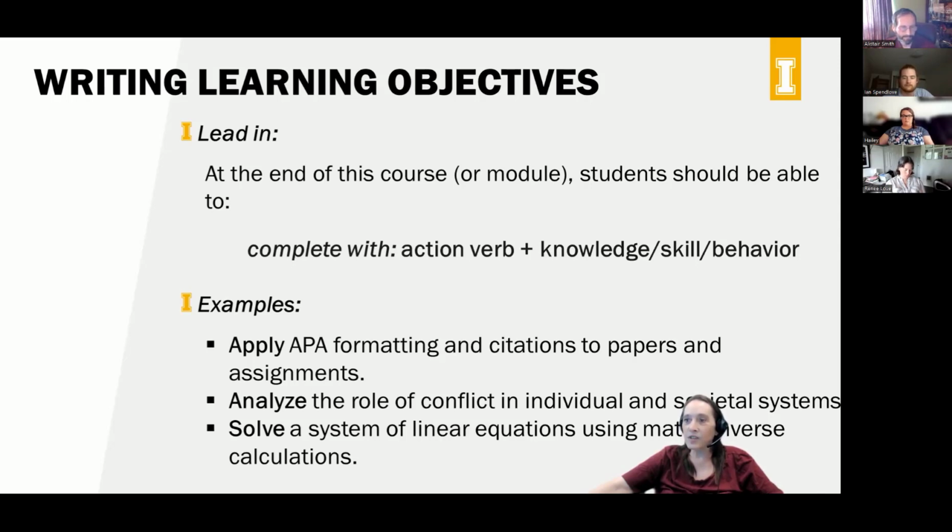We're going to look at some verbs soon that you're not going to be able to measure. So the key word here is you have to be able to measure the learning. And the next one is analyze. Analyze the role of conflict in individual and societal systems. And then for a math class, solve a system of linear equations using matrix inverse calculations.